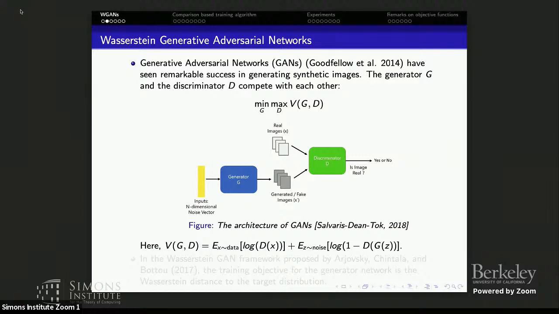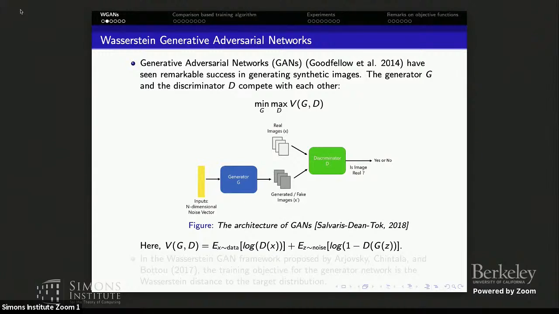More precisely, we have given real images, okay? And we also have an n-dimensional noise vector. After push-forwarding this noise vector through the generator, we get a generated image, and then the discriminator can tell if this image is real or fake.